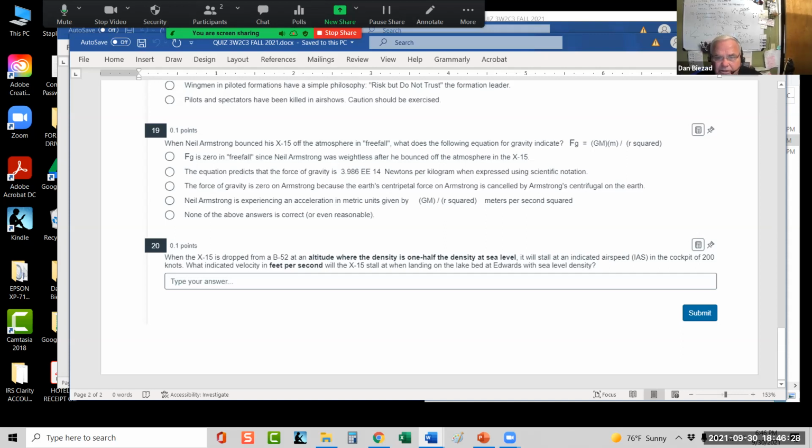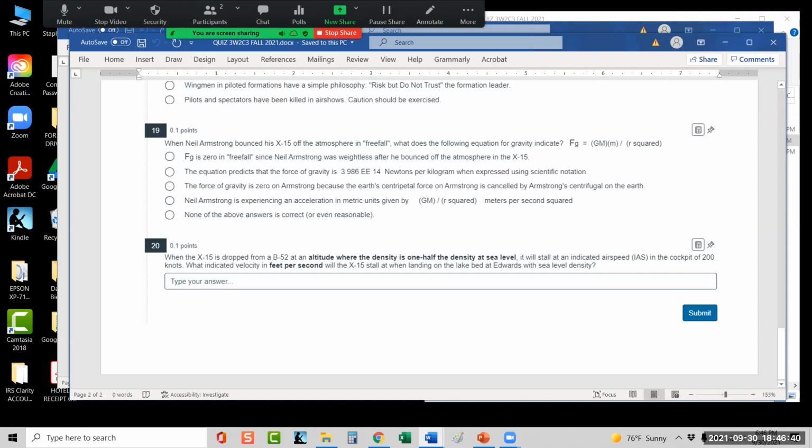The first thing you're going to need is the conversion factor between feet per second and knots. You can either go to the toolbox on the web or use my PDF file. I used the toolbox and converted it, and I believe it was like 338 feet per second for 200 knots.